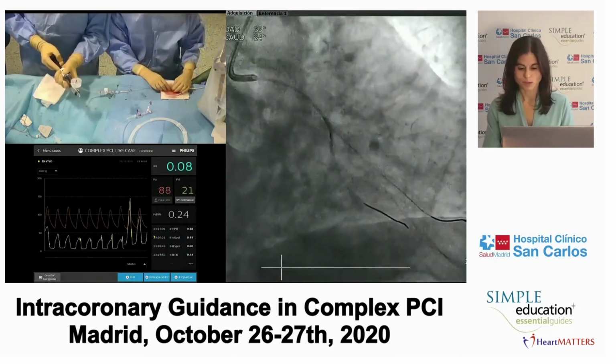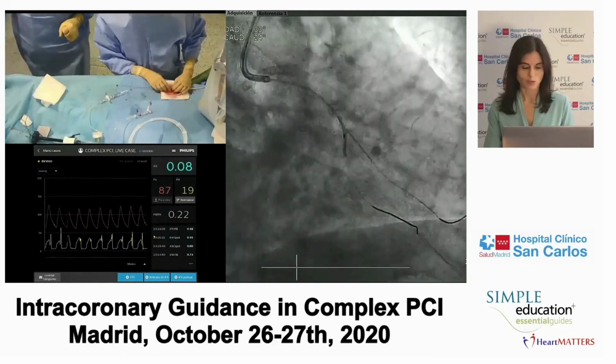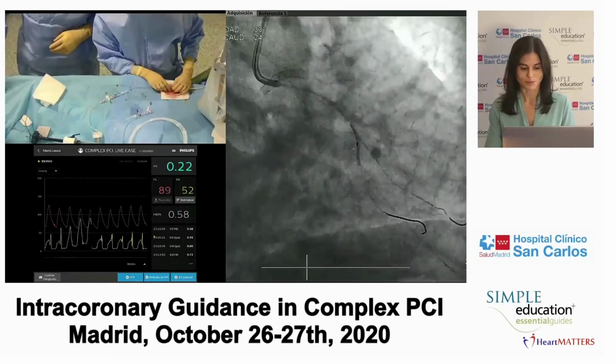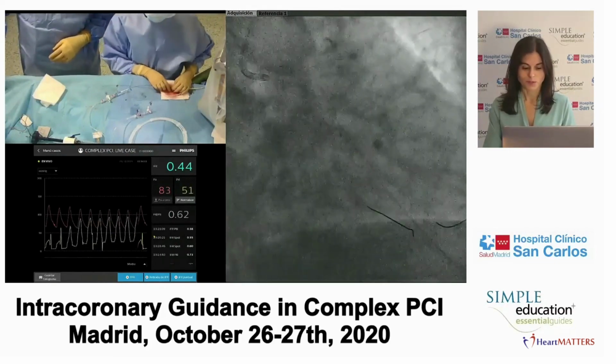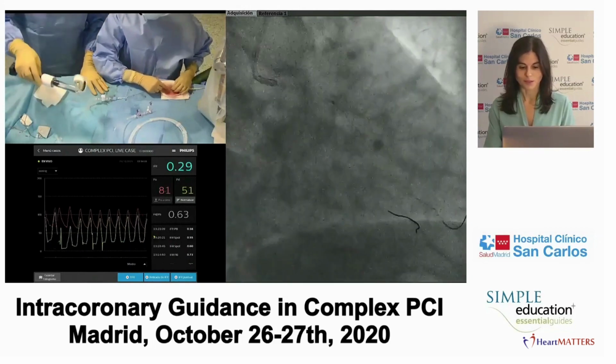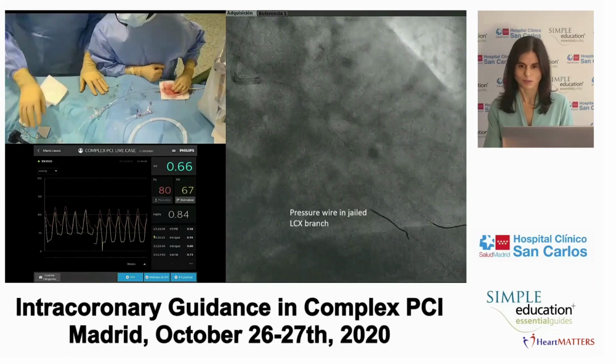It's interesting because you can see that we are doing it over the pressure wire, so you can see the result of occluding the vessel, how the iFR is going really down. And you will now immediately see how the iFR has improved just with this balloon dilation. We have gone from 0.38 to 0.66 just with this small balloon.